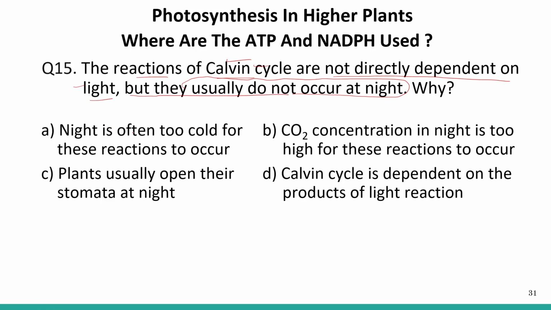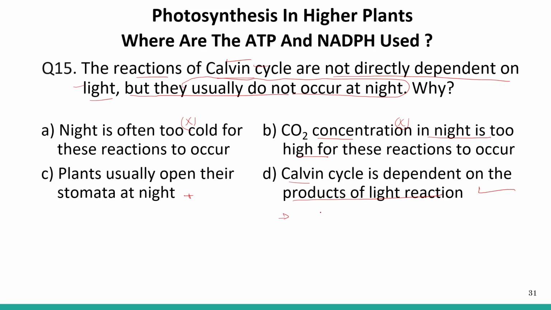Night is often too cold for these reactions to occur, which is not true. Carbon dioxide concentration at night is too high for these reactions to occur, again not true. Plants usually open their stomata at night, also not related to the question. And the fourth option, the Calvin cycle is dependent on the products of the light reaction. This is true.